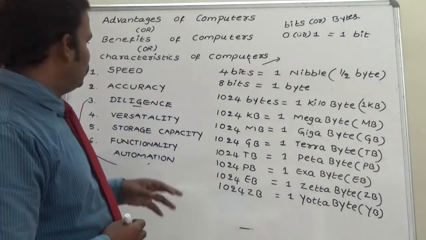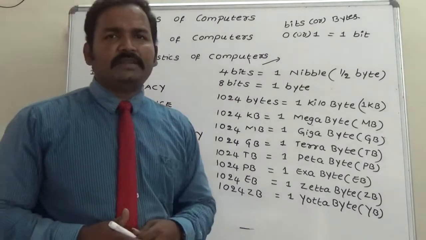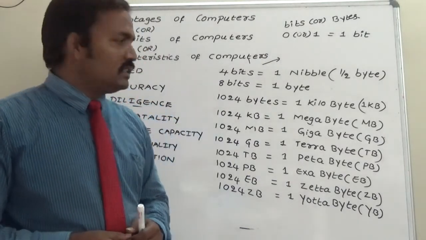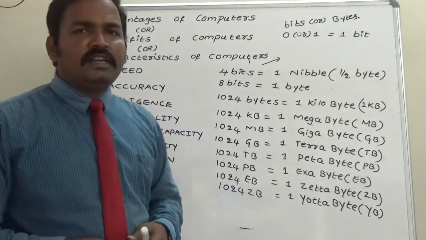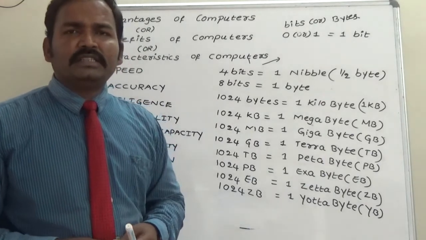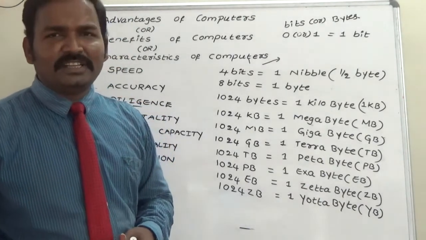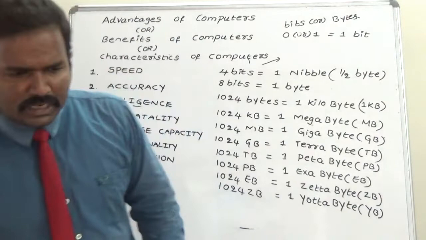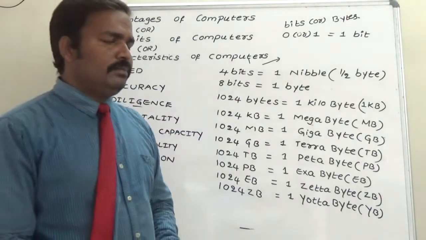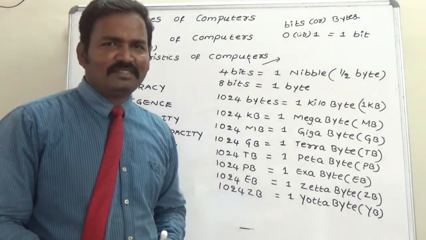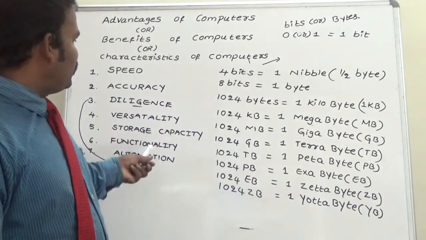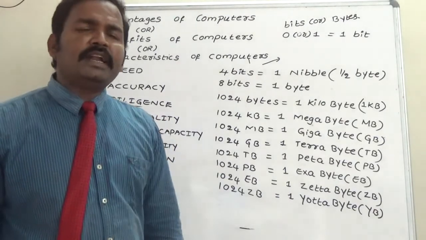Next, functionality. Next advantage or benefit of computers is what? Functionality. Here what is meant by functionality? Function means job or work. So computer can perform many kinds of jobs.